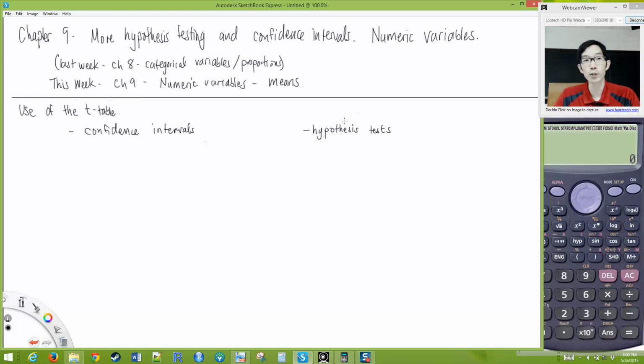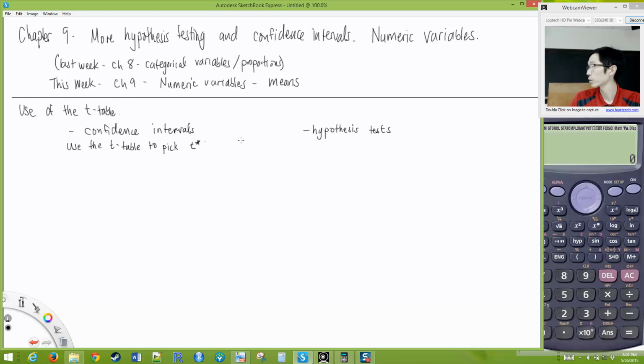And for both of those problems, you are going to need to use the t-table. Okay? So in confidence intervals, we use the t-table to pick t star.